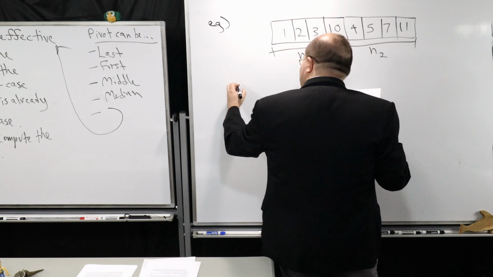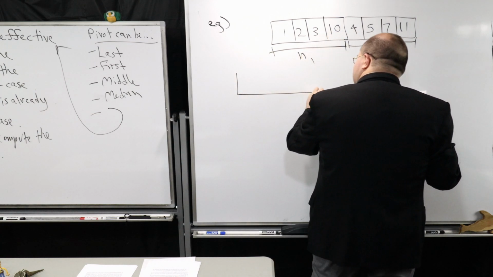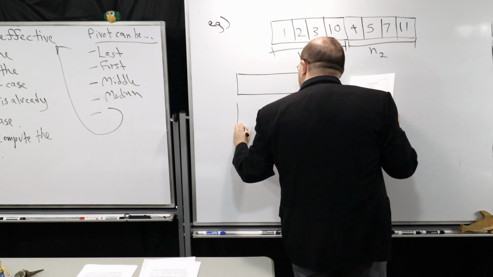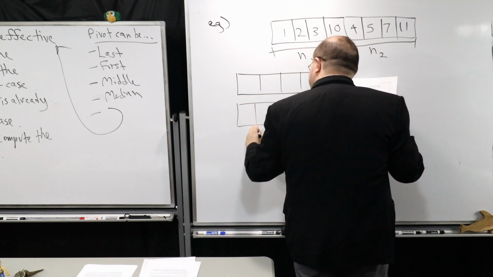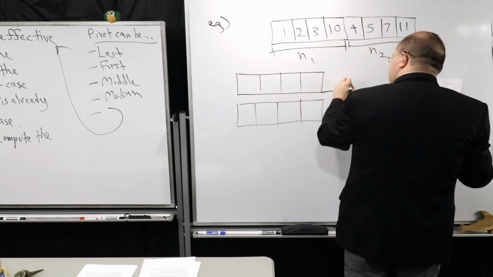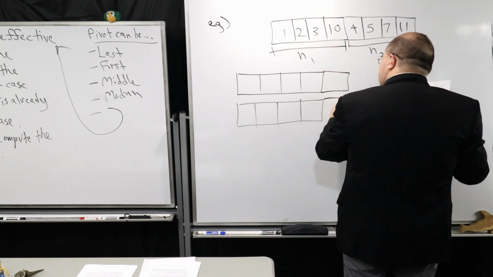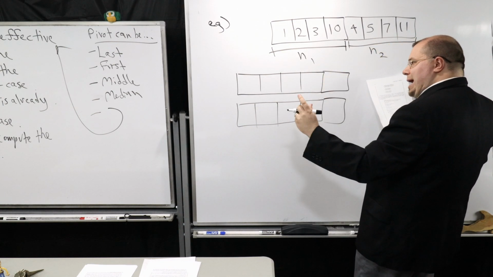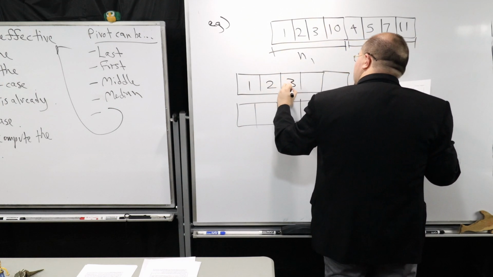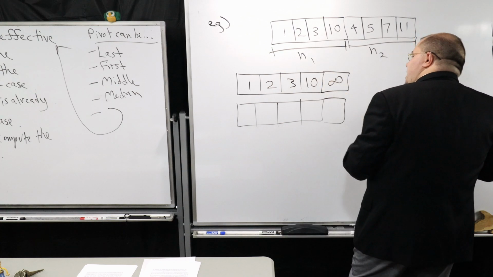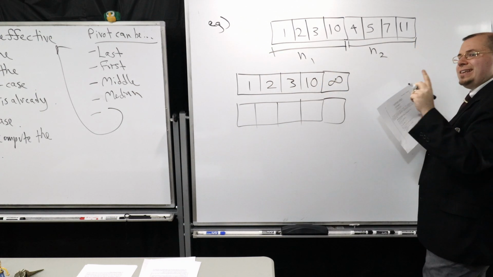So let me give you a quick idea of how this merge process carries out. I'll talk more about this merge process at the beginning of next class, but here's one way I could do this very quickly. I create 2 new arrays. I put the first half in one of the arrays where I'm going to include a sentinel value.